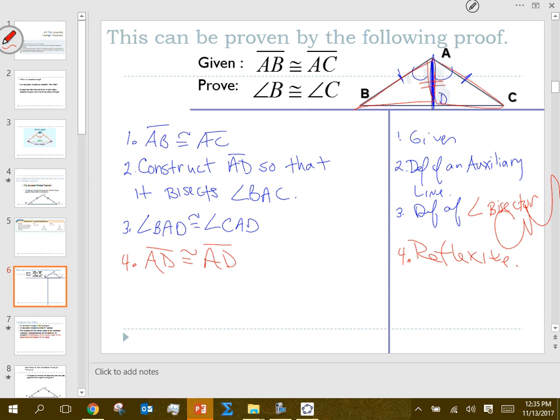What is the order that we see of those parts? AB is a side, BAD is an angle, and AD is a side.